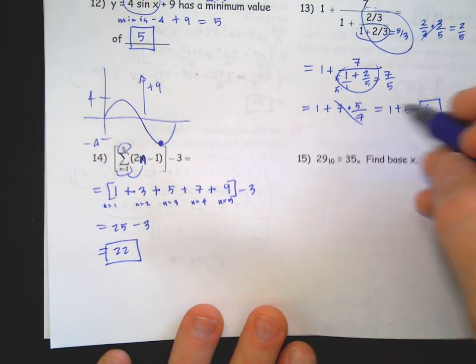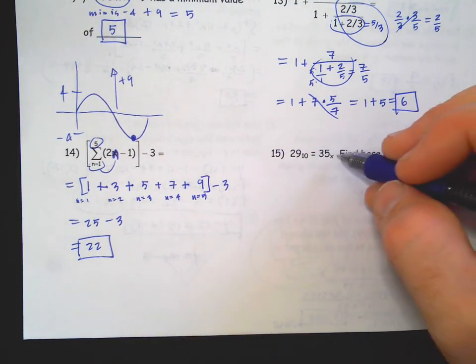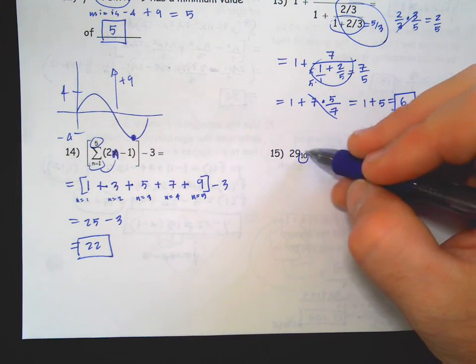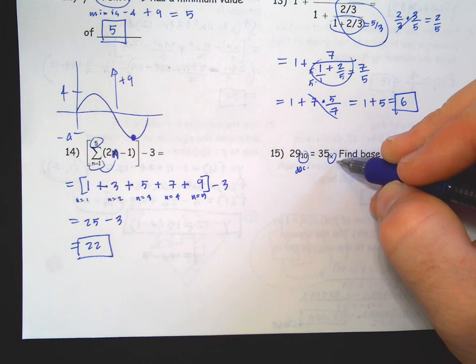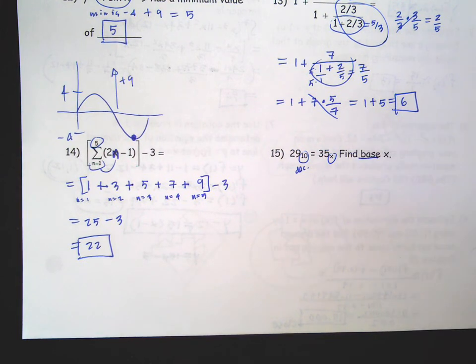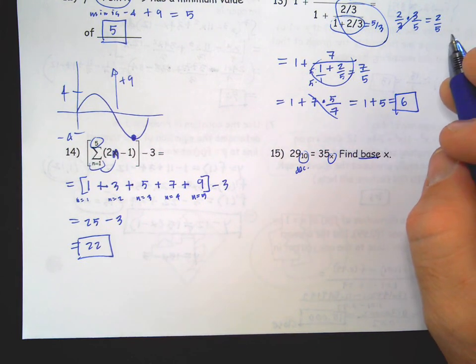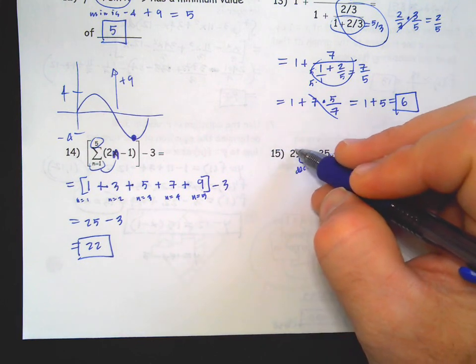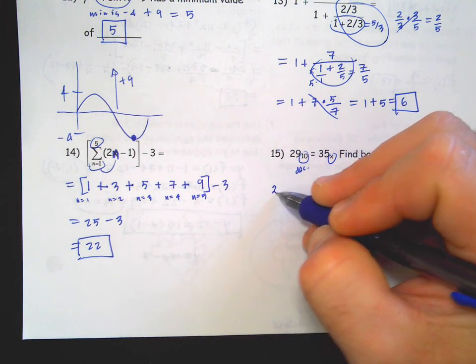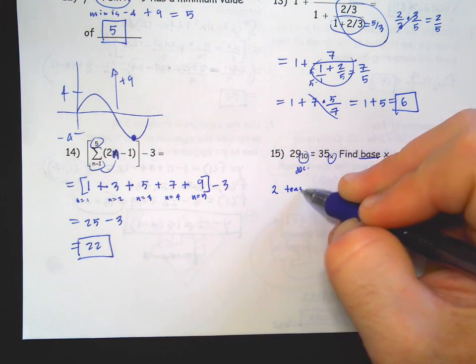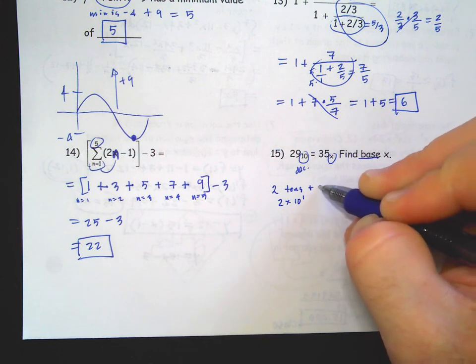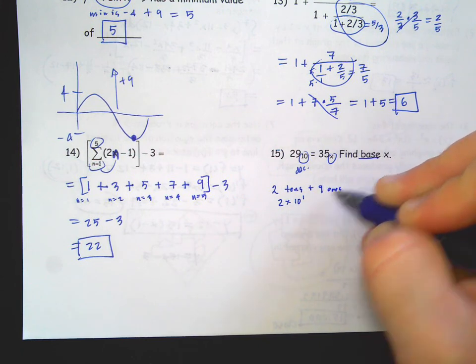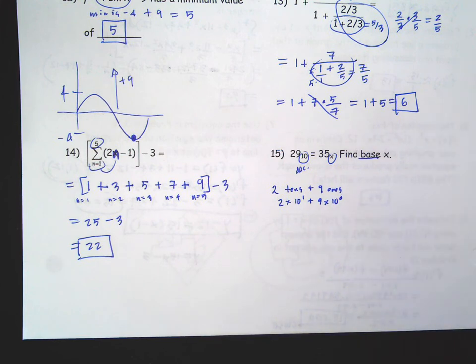This is sort of like a number system kind of thing. Like this means decimal. This means some other number base x. So the idea here is that there are 2 tens, or 2 times 10 to the first, plus 9 ones, which is the same as 9 times 10 to the 0. That's how our number system works, okay?